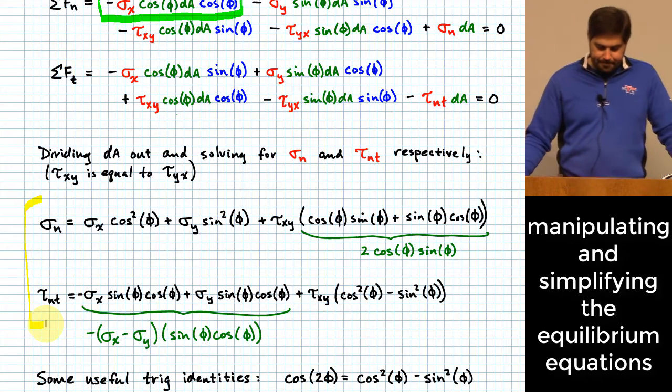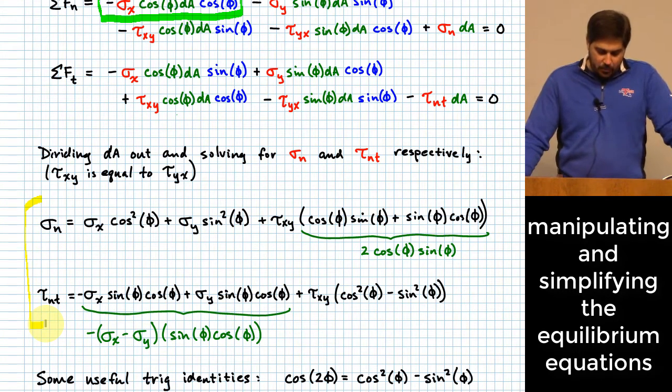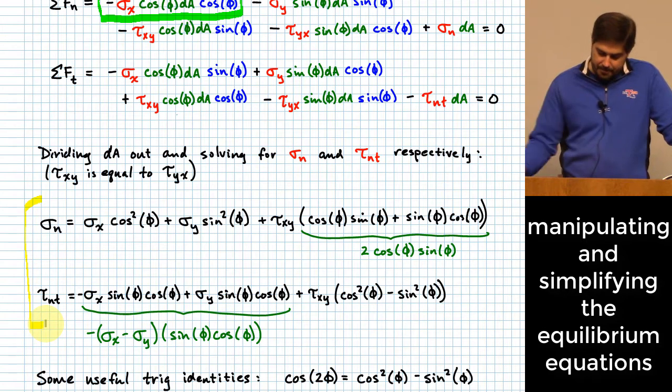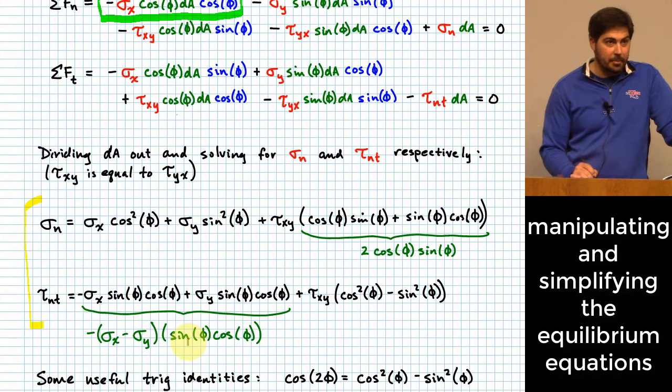With expressions like this, we can go a little bit further and factor out a cosine phi sine phi that you see right here, or basically 2 times cosine phi sine phi. We can factor that out of the first expression. And we can also factor out a sine phi cosine phi out of the first couple of terms in the tangential direction.